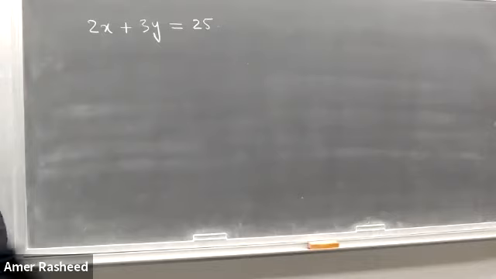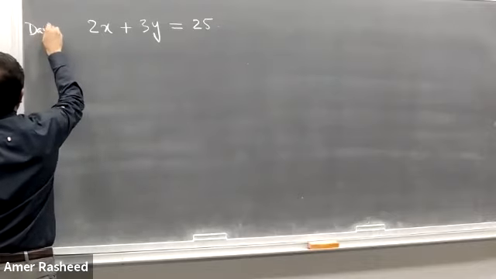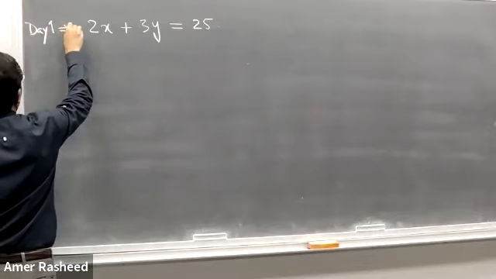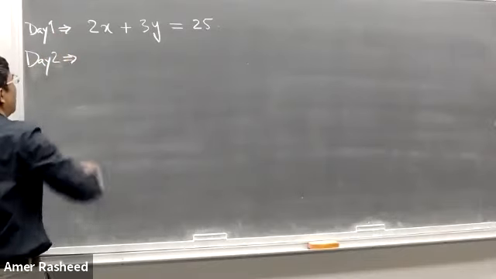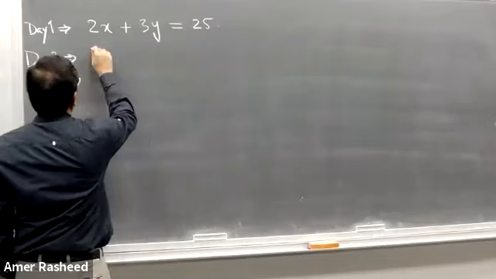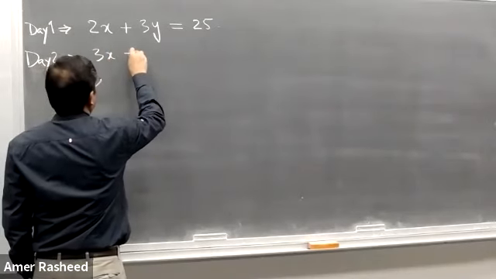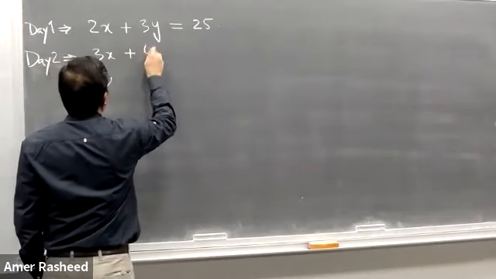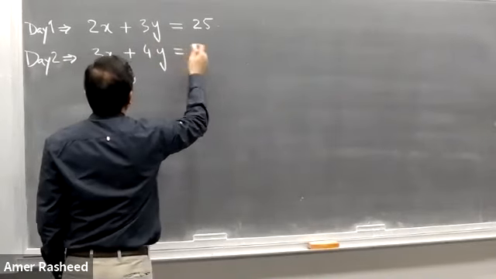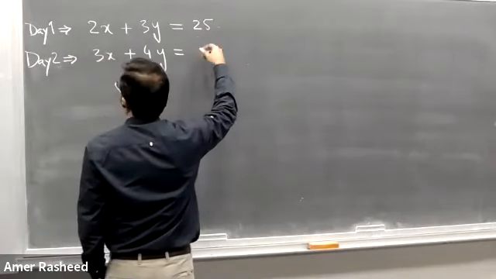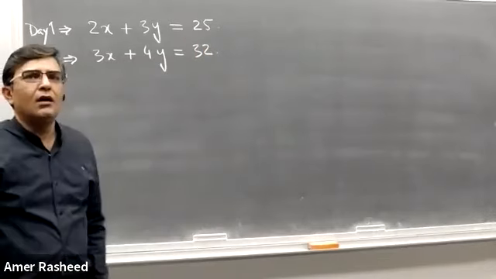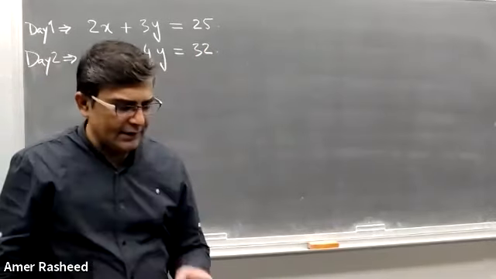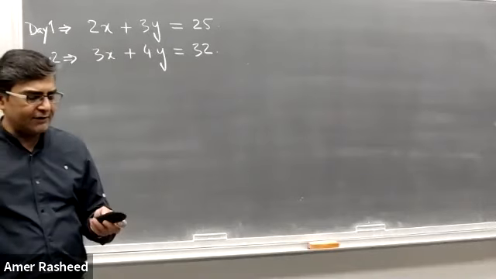This is your day one shopping. Now, day two, you go again to the same market and you buy 3 bananas and 4 apples, and the shopkeeper asks you for maybe 32 rupees. This determines a linear system.